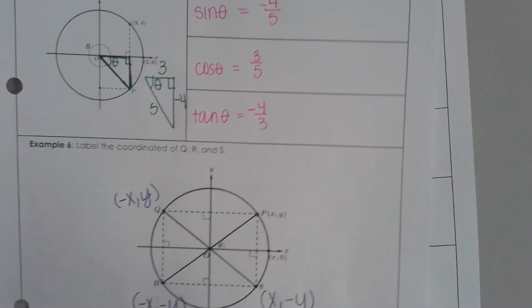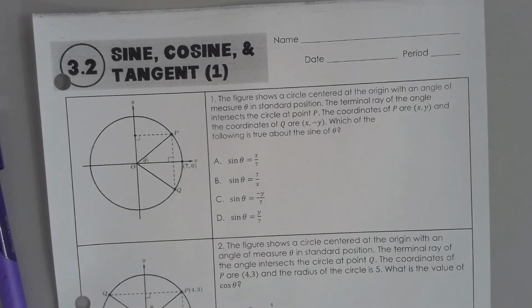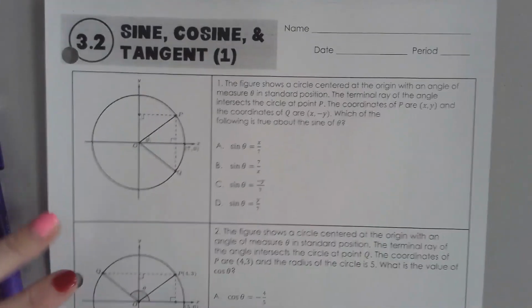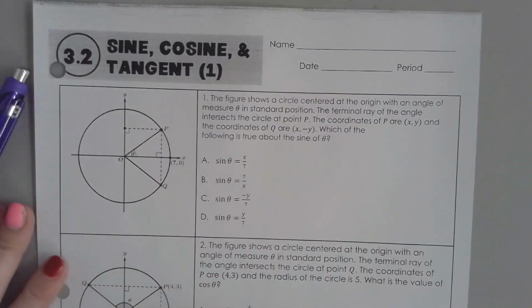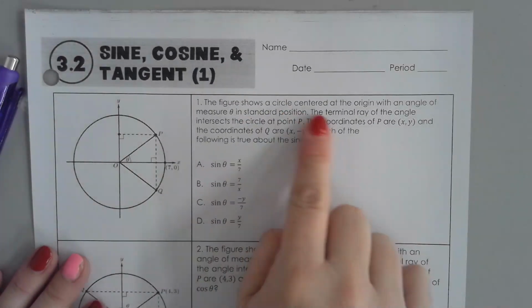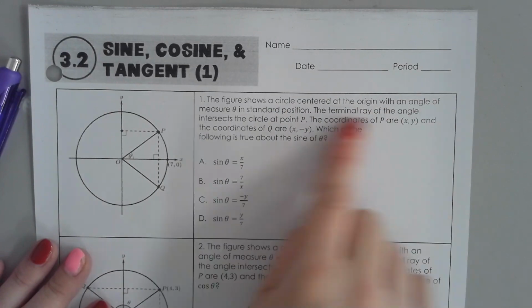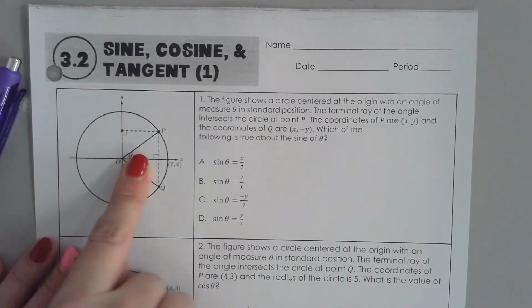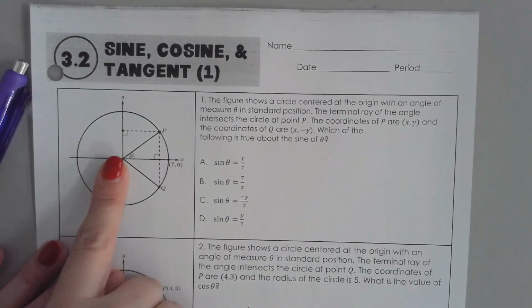And we're going to stop there for today. I am going to give you, before I stop the video, some instructions, some more explanations on the homework. So let's look at number 1. It's real wordy. It says, the figure shows a circle centered at the origin with an angle measure of theta in standard position.